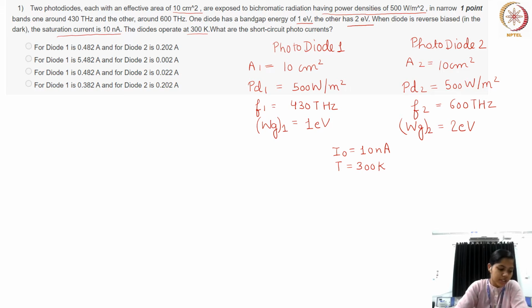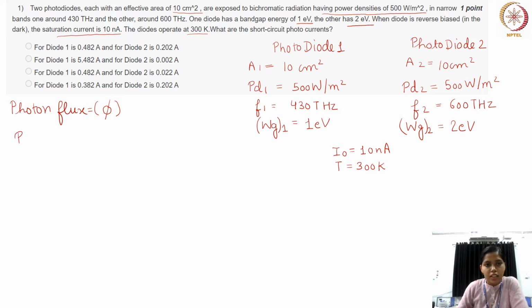So these are the things which are given in the question. So we can write the photon flux, which is denoted by phi.